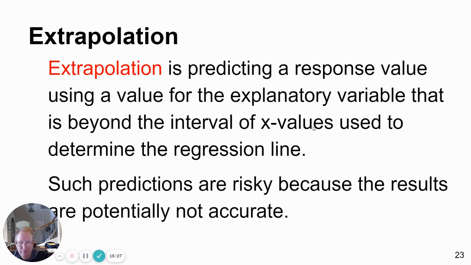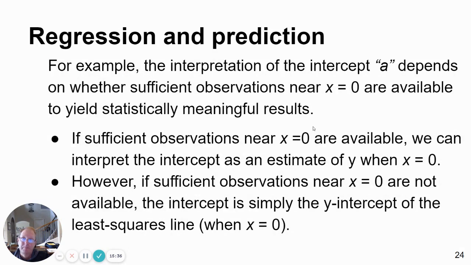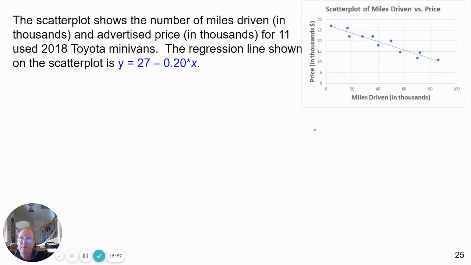Extrapolation is using a regression line to make predictions outside of the sample. And we do not want to do that. This also reminds me to tell you that sometimes the intercept does not make sense, does not have a good meaning from the context of the problem. So whenever you are asked to interpret the intercept, always ask yourself, does this make statistical sense?